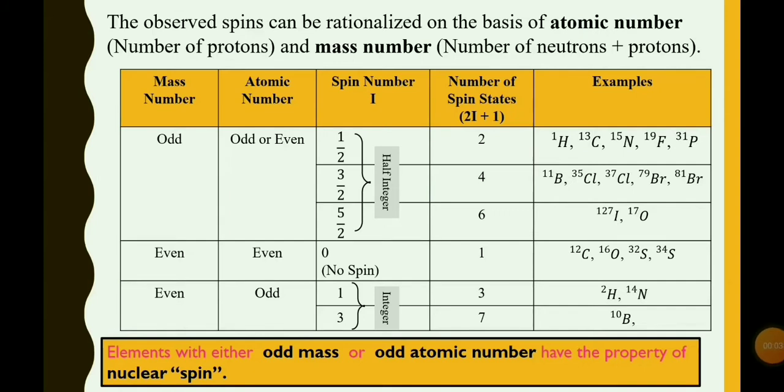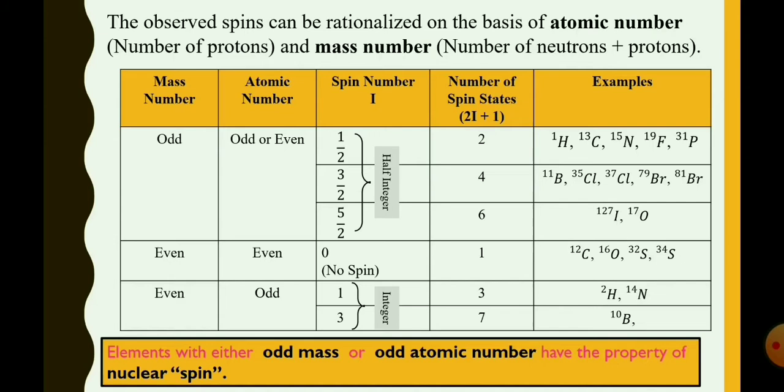Now, the observed spins can be rationalized on the basis of atomic number, that is the number of protons, and mass number, that is the number of neutrons and protons together. Let us take the first case when mass number is odd and the atomic number is either odd or even. Then the spin number will come out to be half integer, 1/2, 3/2 or 5/2.